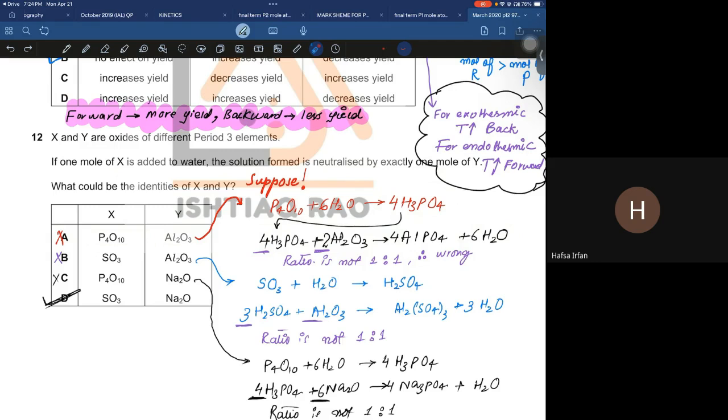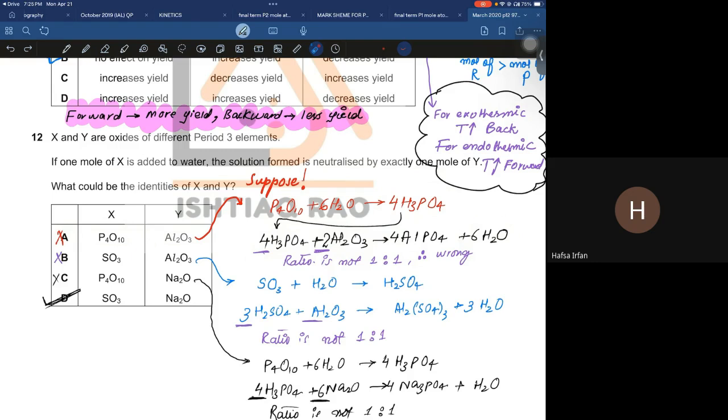So you can see the ratio is 4 is to 2. 1 mole of X is added to water. The solution is neutralized by exactly 1 mole of Y. This is not 1 mole, this is 2 moles. Option A is incorrect.